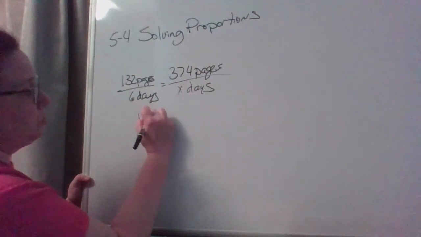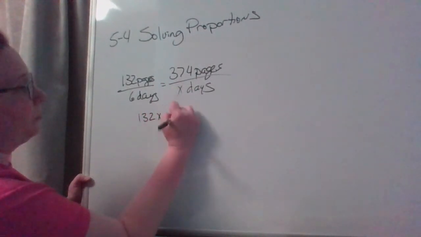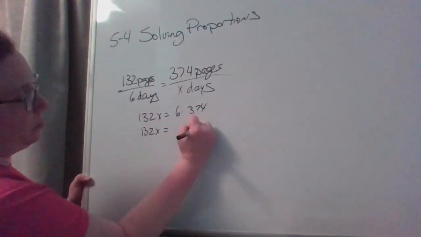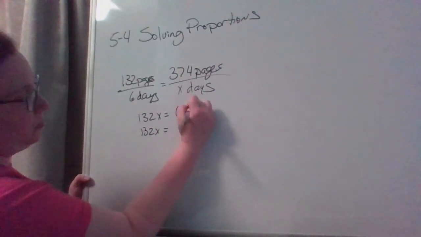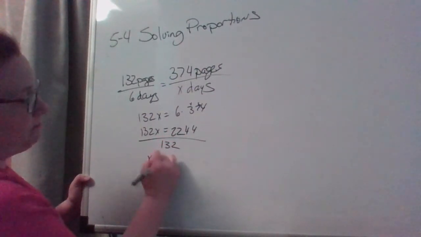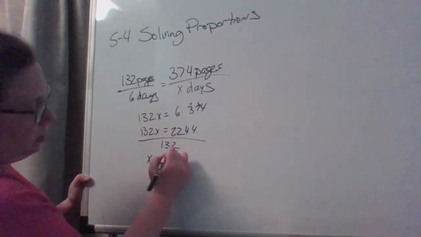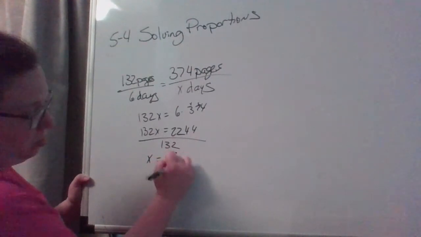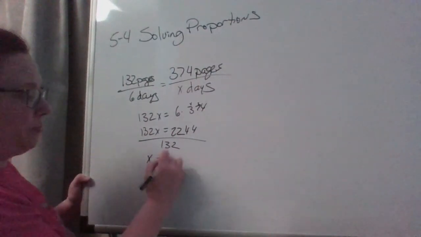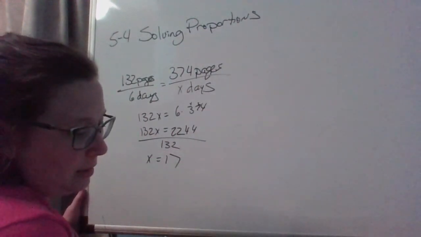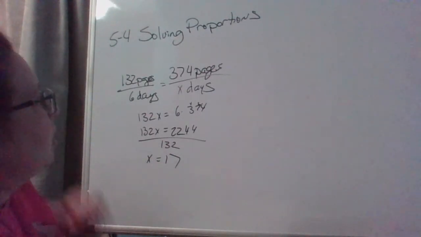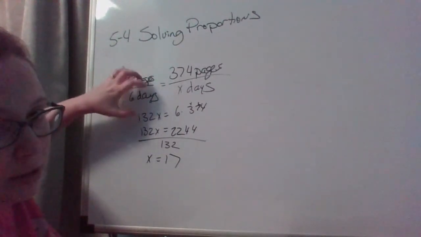So we are going to cross multiply. Divide. And we got 17 days.